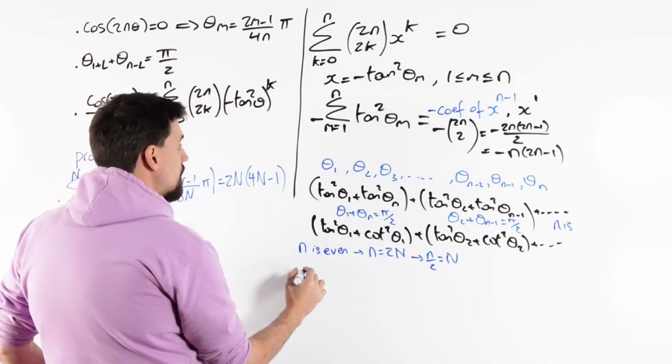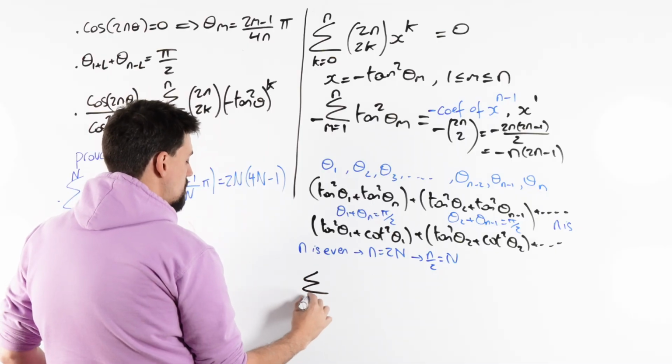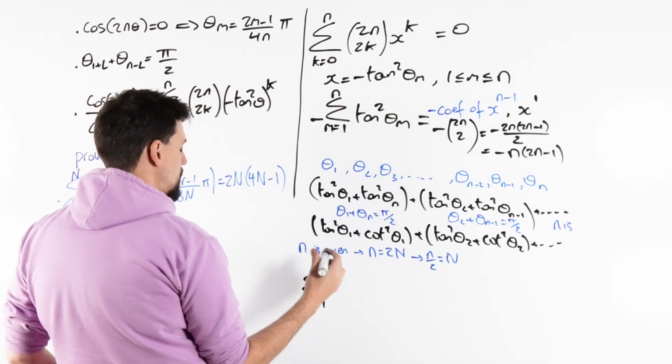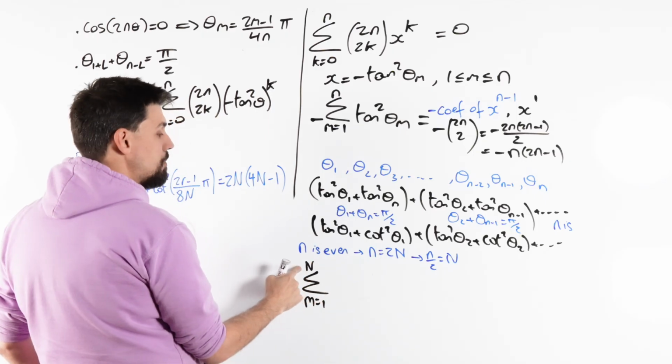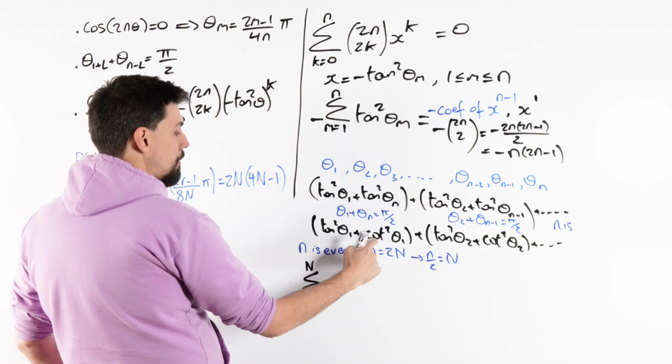These minuses cancel out as well. I get the sum, I've done it with m, I probably should have done it with k, that's fine. We're adding up to half of n, because the second half of it is included in there.